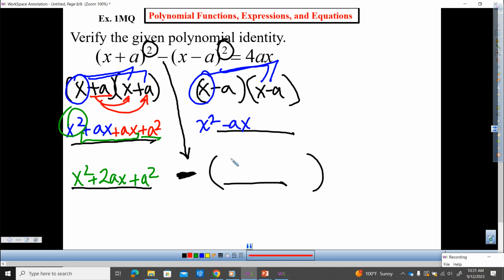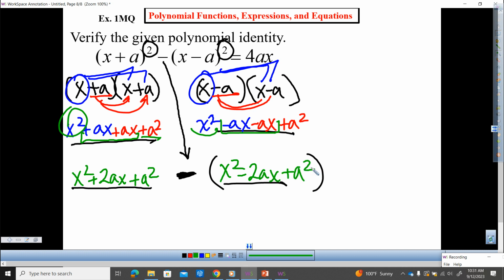And then we got negative a times x. And negative a times negative a. All right, and we combine. Bring this one down. These two, negative ax and negative ax, that's a total of negative 2ax, yes? And then bring down the a squared.